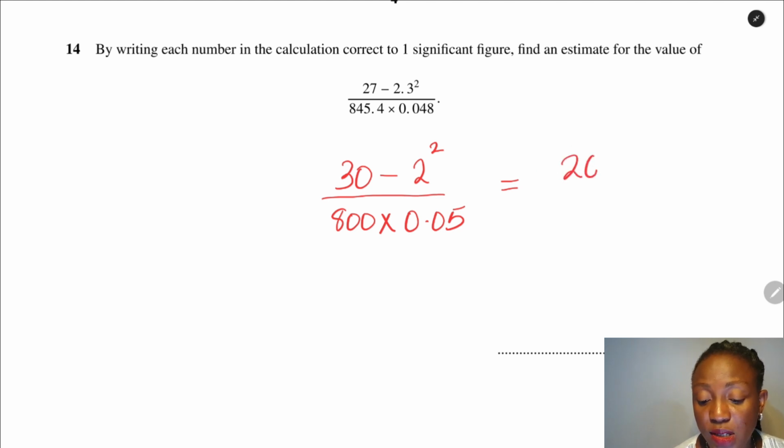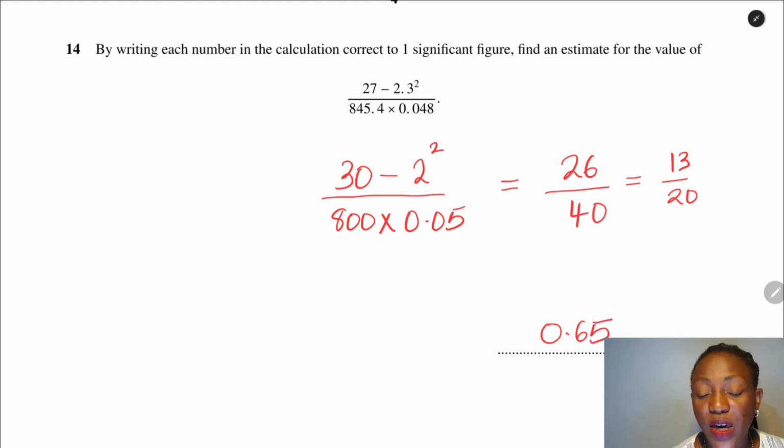So this is going to be 26, divided by 800 times 0.05 is 40. So if we take this to the lowest terms, we're going to be having 13 over 20, which is the same thing as 0.65.